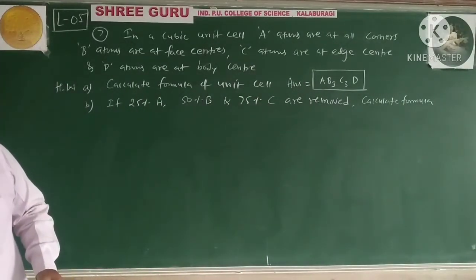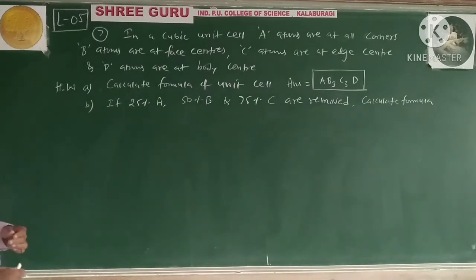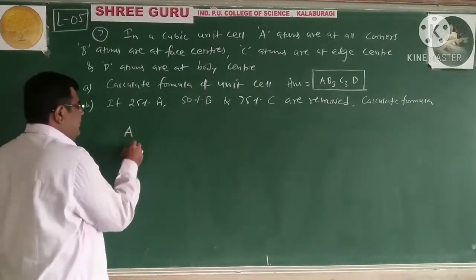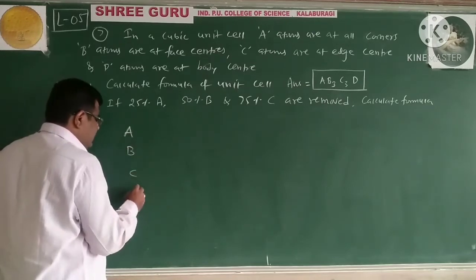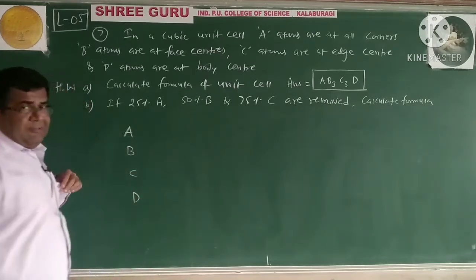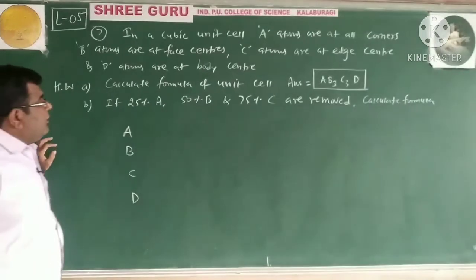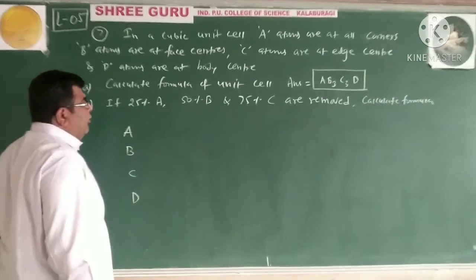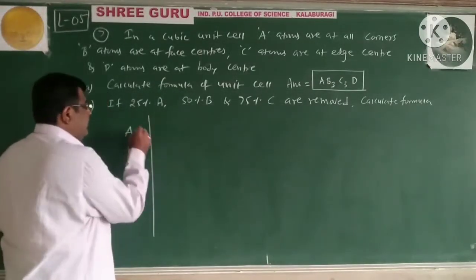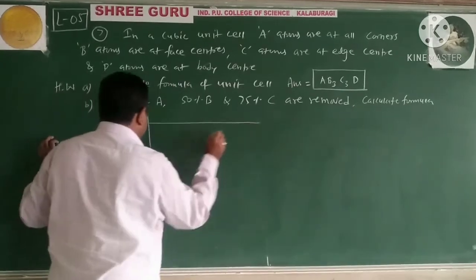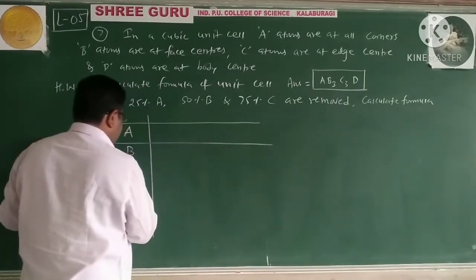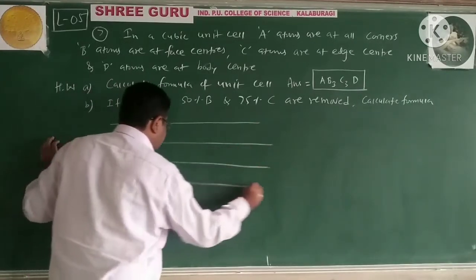A we have removed, B we have removed, C we have removed, and D is not removed here. Now how many should be present initially?